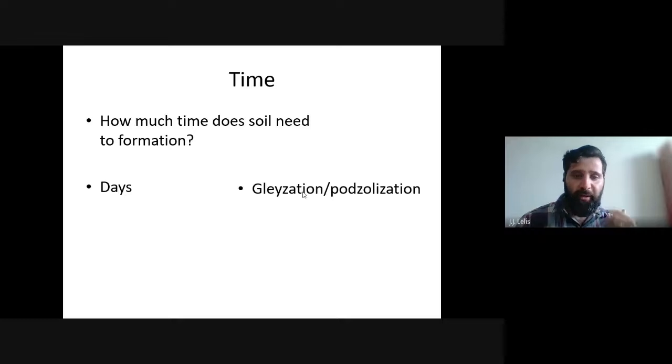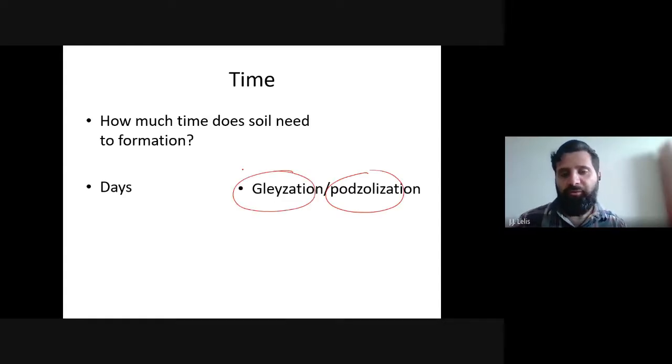So the migration of organic matter in a sandy soil, or the reduction of iron and the formation of a gray horizon or gray layer with only Fe2+ could take only some days or weeks, okay?